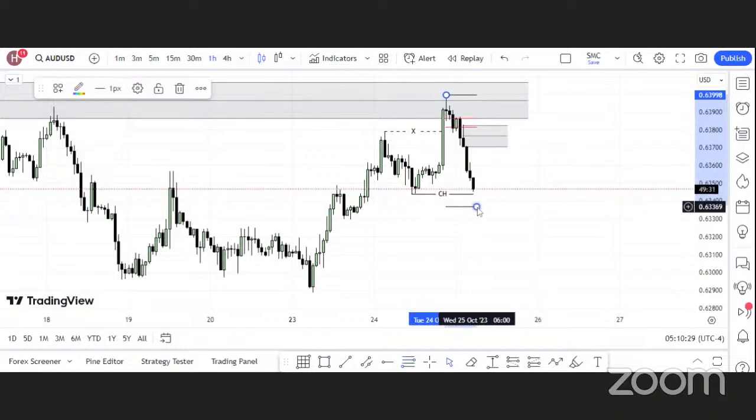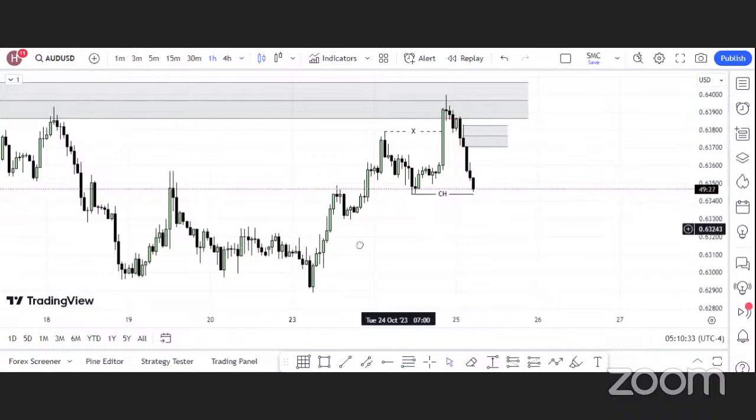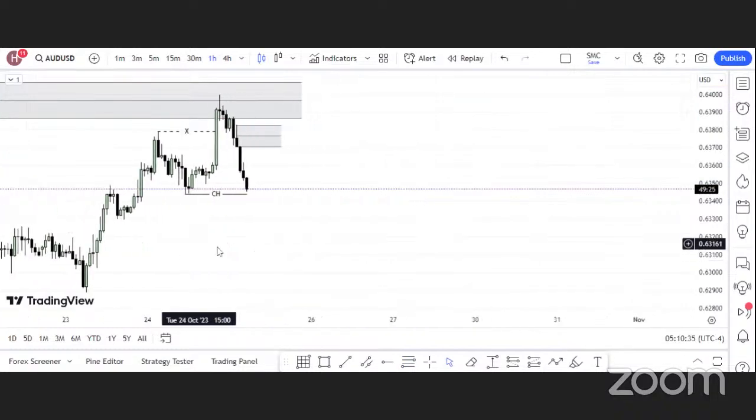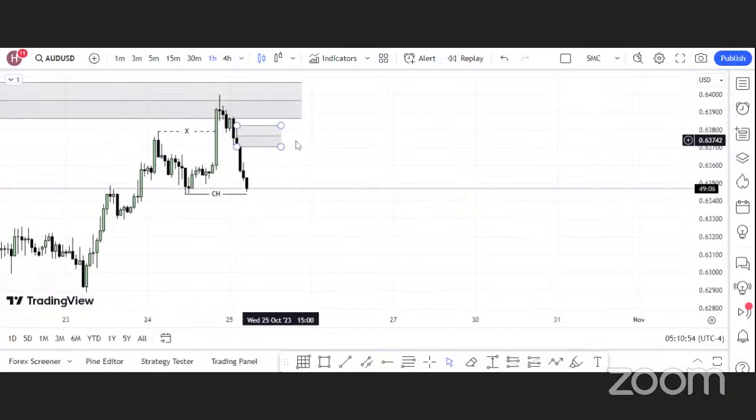That is when I will look for a sell opportunity. So when I have a change of character here, it's going to validate this fair value gap and this order block area. So the market would most likely come back into the fair value gap or the order block and then continue to trend to the downside.